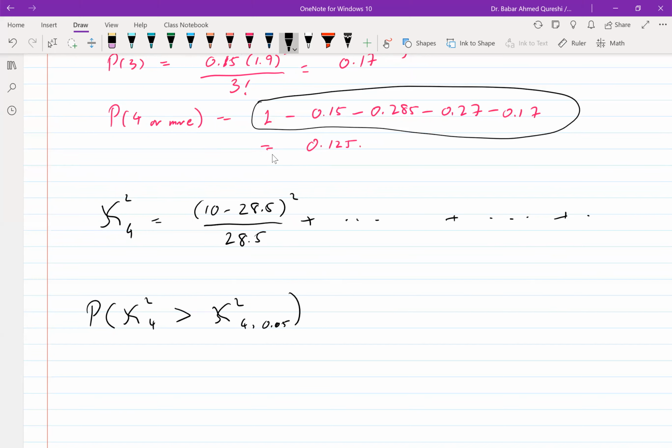So suppose you're testing at 0.05 significance level, if true, sorry, reject H naught, which is that the Poisson distribution is the probability.